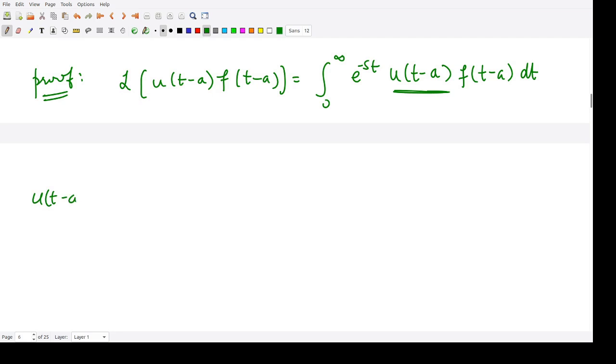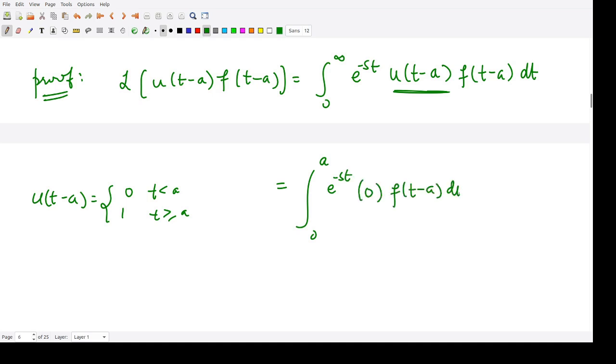This function is 0 whenever t is less than a and 1 whenever t is greater than or equal to a. So the integration now becomes the integral from 0 to a of e to the power minus st, its value being 0, into f(t minus a) dt, plus the integration from a to infinity of 1 into e to the power minus st f(t minus a) dt. Now the first quantity is 0, the whole thing.